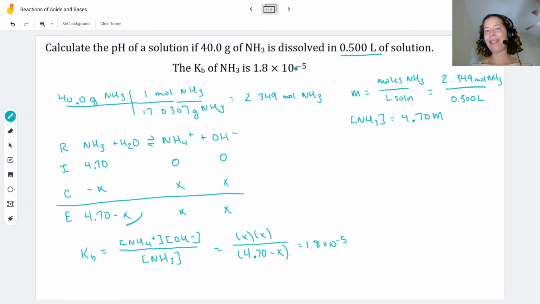Or if you're in a testing situation, a lot of times they give you tables of physical constants and you can find it there. Okay, so now we have an equation. We have one variable. We can solve for X, but I'd really rather not use the quadratic. So let's test and see if we can drop this minus X and make our calculation a lot simpler.